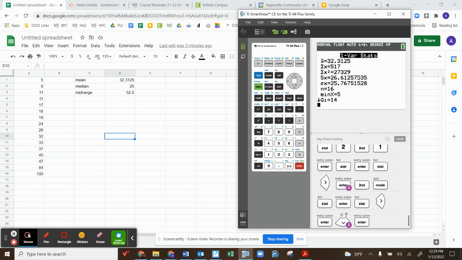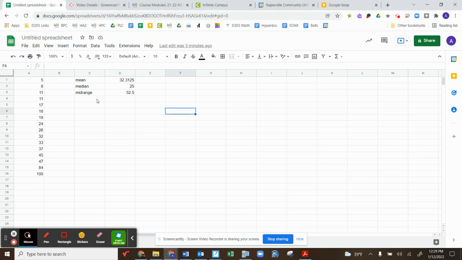And if I wanted the range, that was the other thing that was asked. That's just highest minus lowest. So if I go here, max minus min, so 100 minus 5, so the range would be 95. No real formulas for doing that. Same thing over here when I'm doing it on Google Sheets or Excel, if you happen to be using that. Still the same idea.